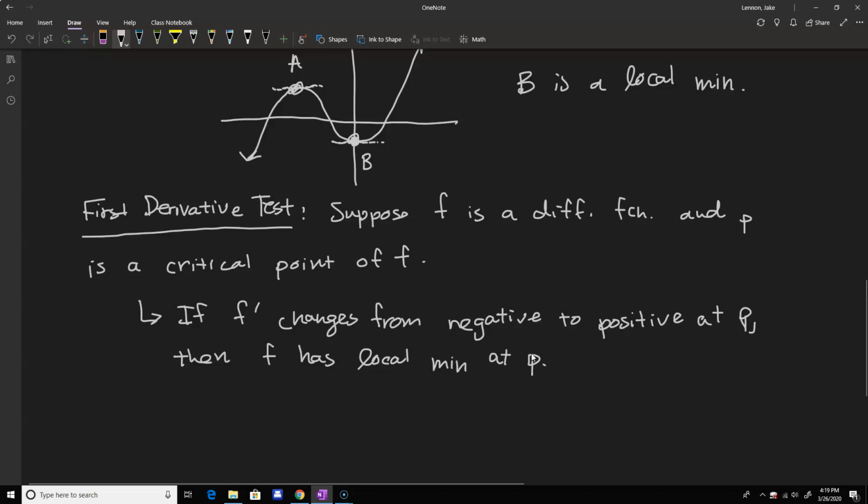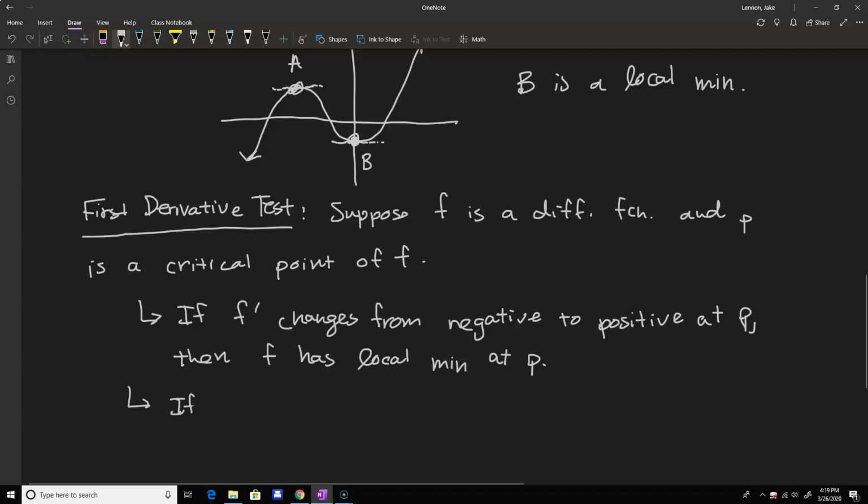So that's what's happening at the graph above. Basically, the derivative tells us whether or not the function is increasing or decreasing, and that tells us whether or not we have a local min or local max. So understanding something about the derivative is helping us understand information about the graph of the function. So that's really quite powerful that way.